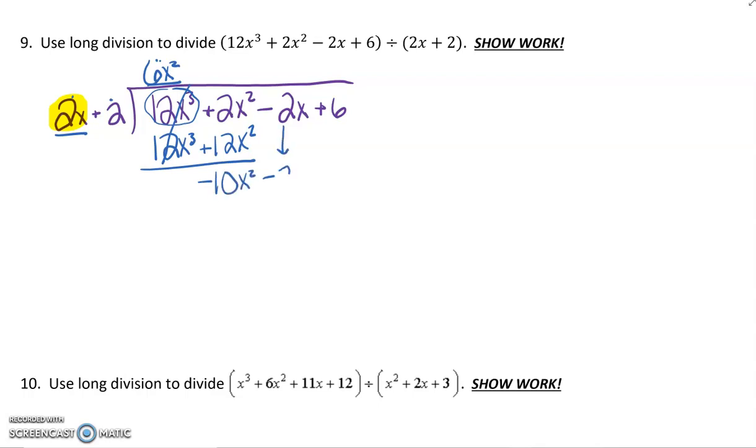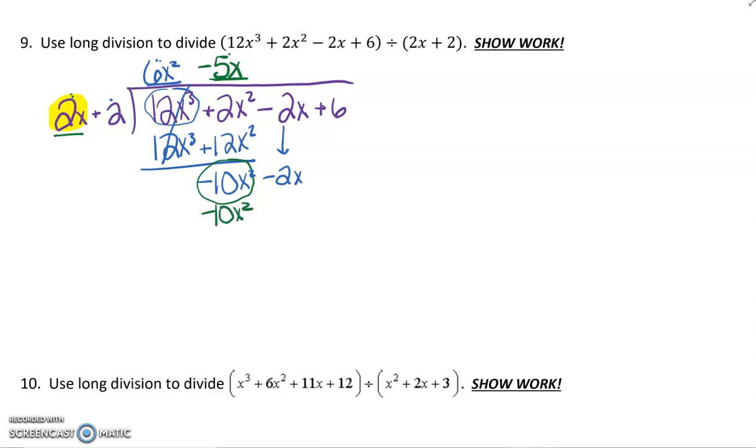And then bring the next term down and start the next cycle. In this cycle, I'm doing 2x times something to give me negative 10x squared. 2 times negative 5, and the x has to be multiplied times another x to get my x squared. So negative 5x times 2x is negative 10x squared.